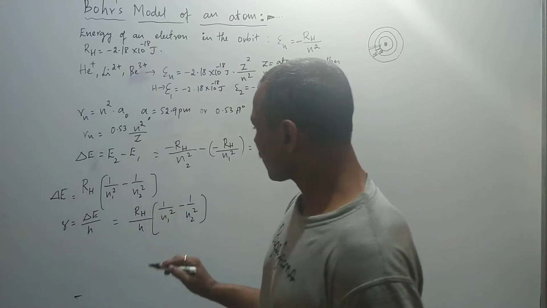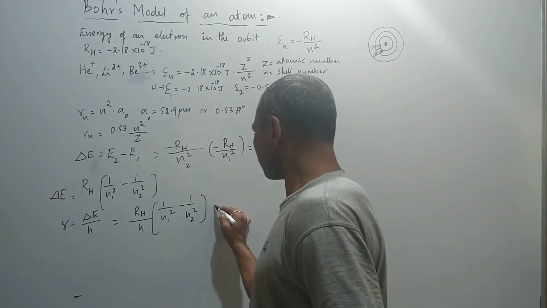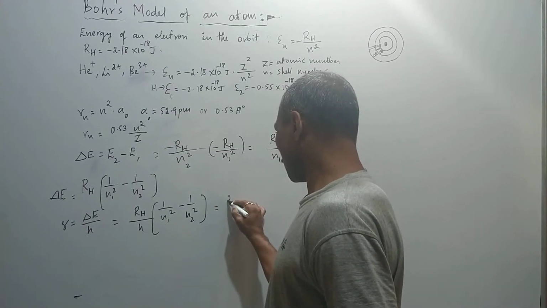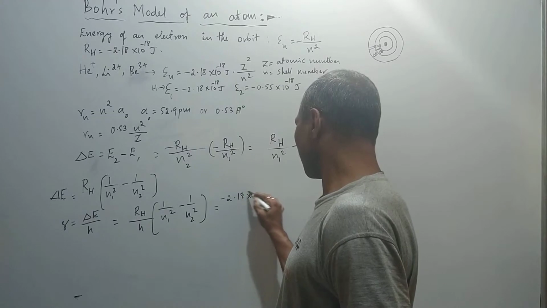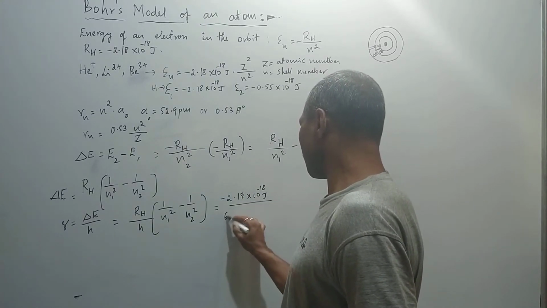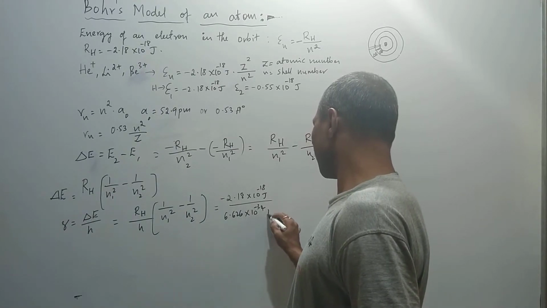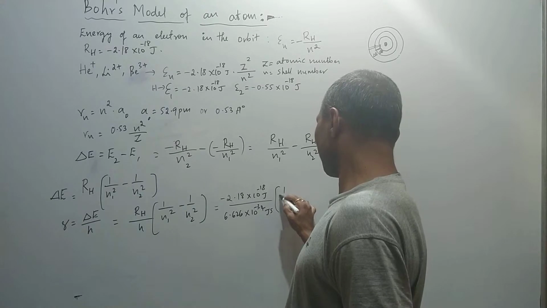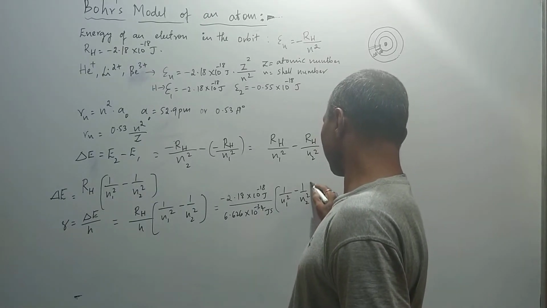Now the Rydberg constant value we know, that is minus 2.18 into 10 to the power minus 18 joules upon 6.626 into 10 to the power minus 34 joule second, into 1 by N1 square minus 1 by N2 square.